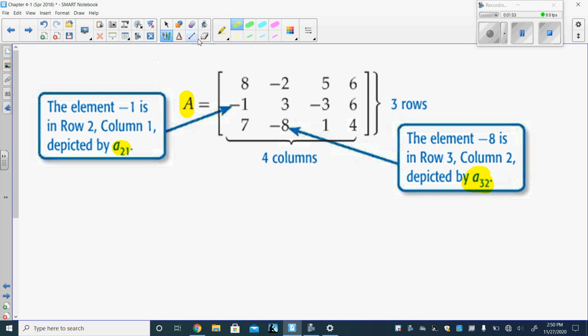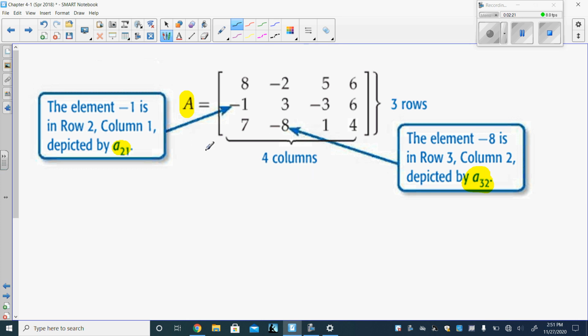The 2 tells me that it's in the second row, first column, so it would be -1. Over here it says the element -8 is in row 3, column 2, depicted by A32. Third row, second column, and we get -8.